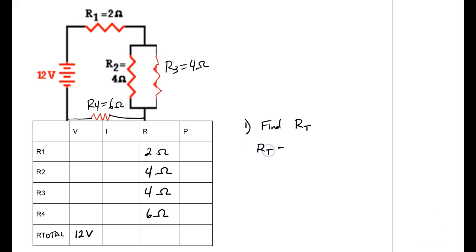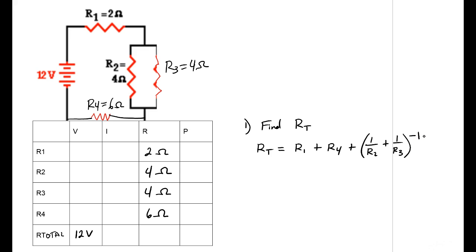This R total I know is going to be R1, okay, plus R4 plus, now this is the part where we can get into a little bit of trouble, R2 plus 1 over R3 raised to the negative 1.